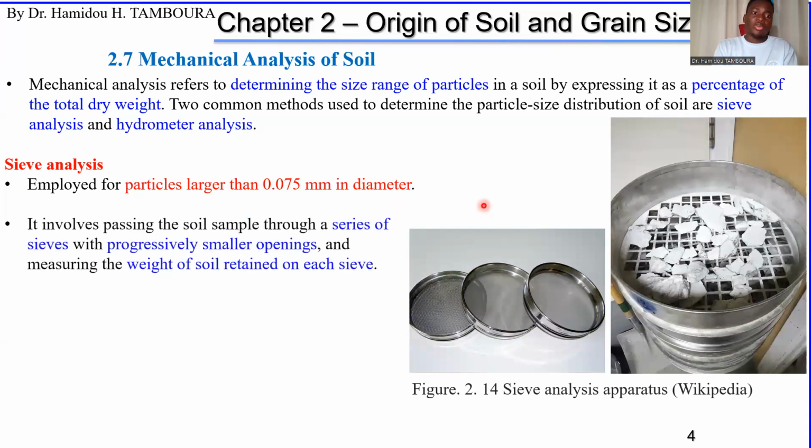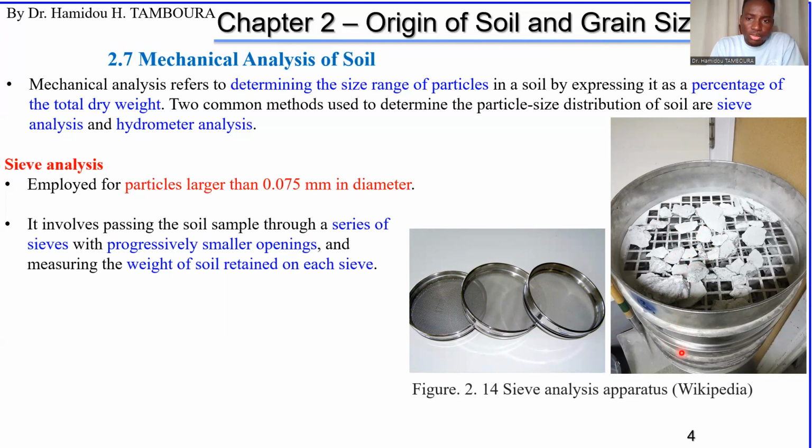Okay, so it involves passing the soil through a series of sieves. And these sieves are getting smaller as you go down. I mean, the openings of the sieves are smaller when you are going down.